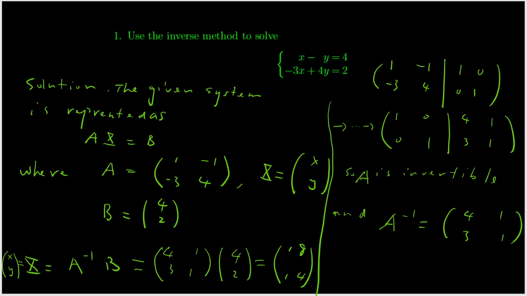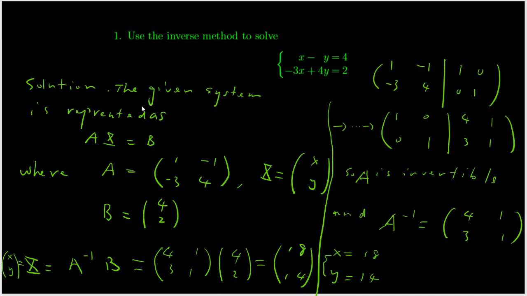You compare, again, two matrices are equal if they have the same entries. It means X equals 18 and Y equals 14. What are these two numbers? That is the solution to the system, right? That's how we use the inverse method to solve a system.